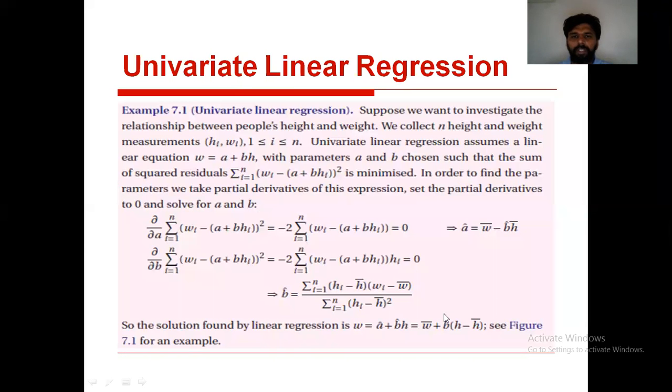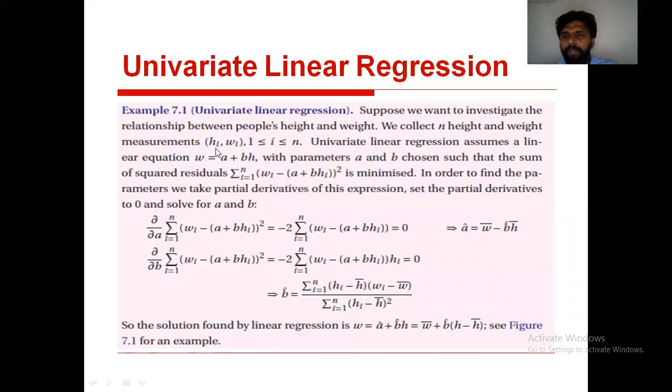See, observe this. Here, univariate linear regression is explained. Suppose we want to investigate the relationship between people's height and weight. Here the instance belongs to people, and we are considering height and weight. We collect n heights and weights.